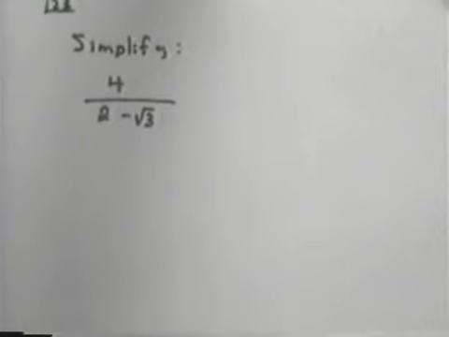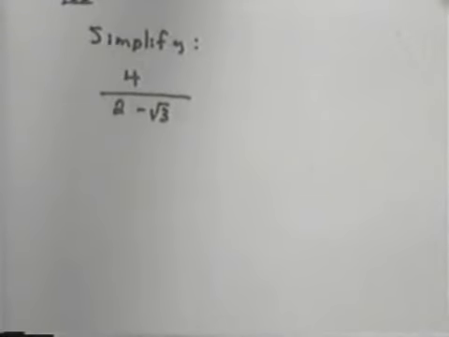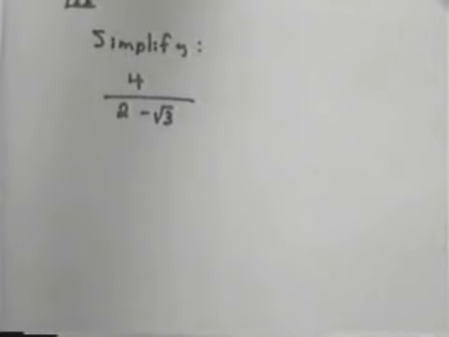Let's look at simplifying now. Let's simplify 4 divided by 2 minus the square root of 3. What we can do to simplify is to multiply by the conjugate.